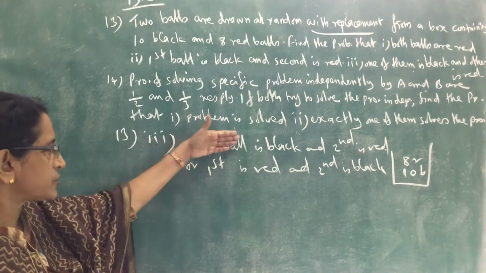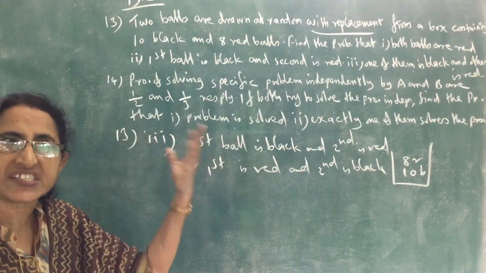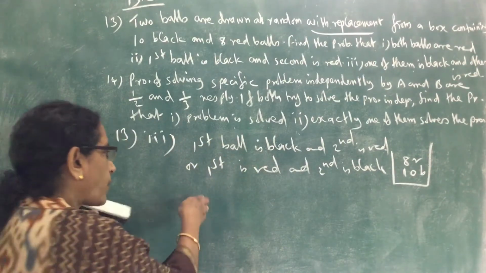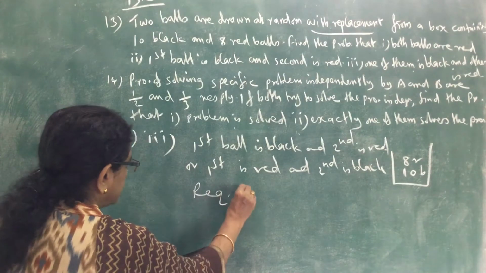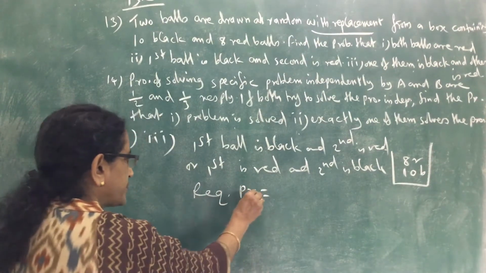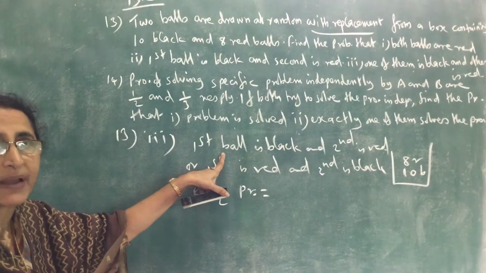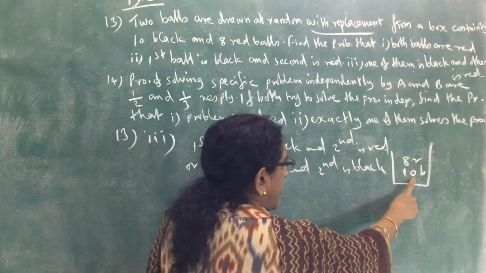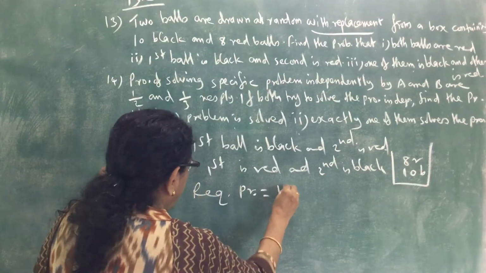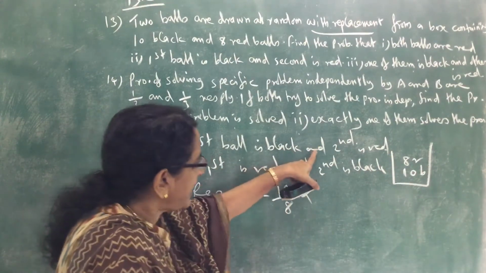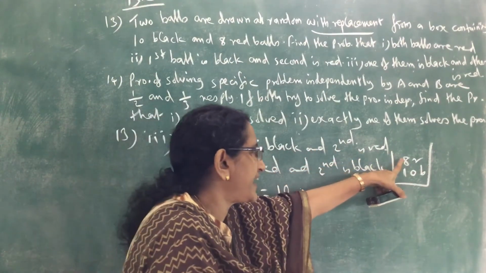So we have to consider two cases, find the probability in each case, and then add. Therefore the required probability equals, first consider the first case: the first drawn ball is black, 10 by 18, into the second is red, which means 8 by 18.